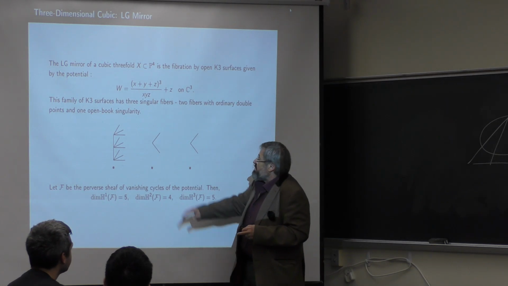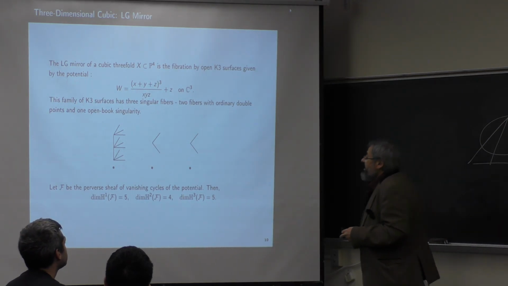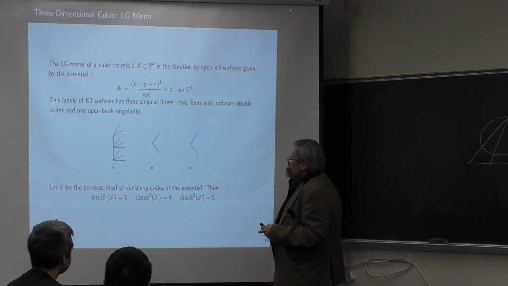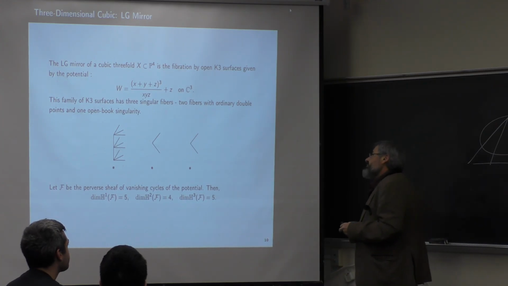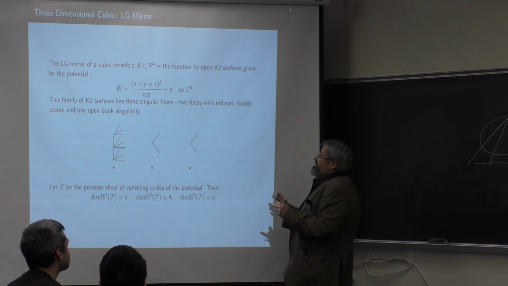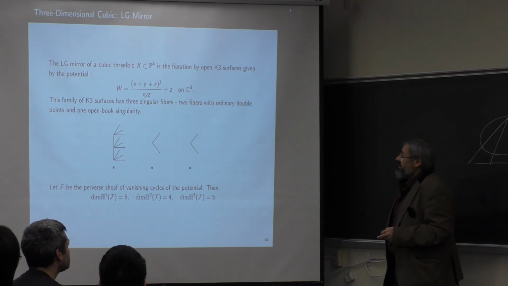Two of them are just ordinary double points, and then we have a very big singularity consisting of the intersection of 6 rational surfaces. Three of them intersect in an open book configuration, and then 3 others intersect this configuration transversely.